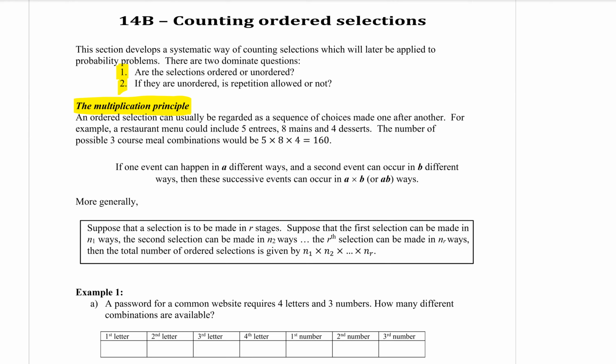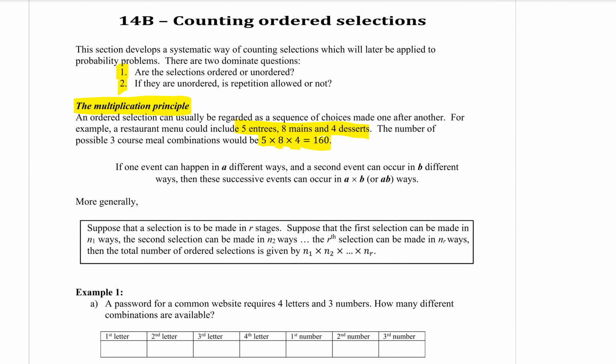That's what this says right here. The number of possible 3-meal combinations would be just multiplying those numbers together. That's why it's called the multiplication principle. There are 5 entrees, and we times that by 8 mains, and we times that by 4 desserts. And when you type that all in, that means there are 160 ways to choose an entree, main, dessert.